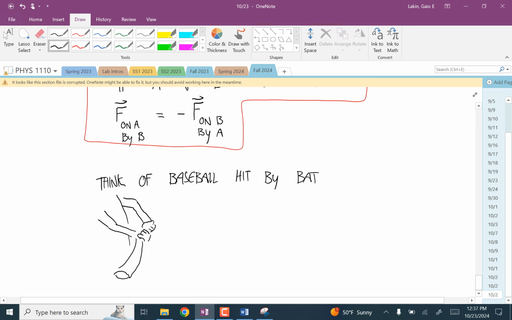I didn't leave enough room to draw this guy's head, but he has a head, imagine. And so the bat is swinging around this way. And it hits this ball.